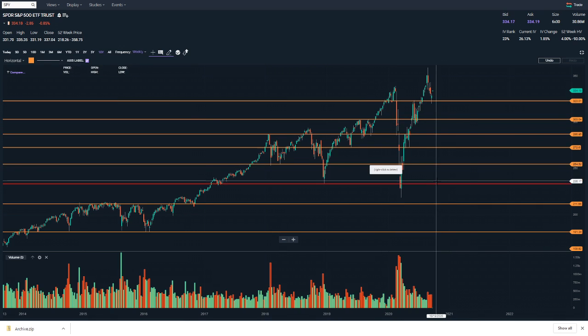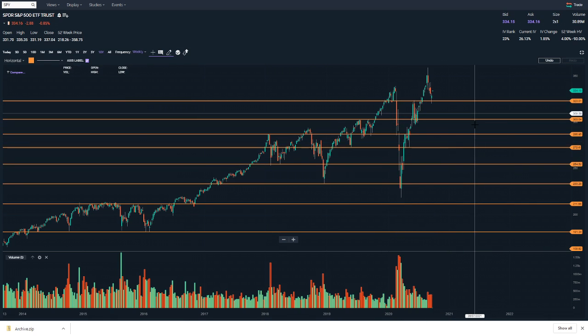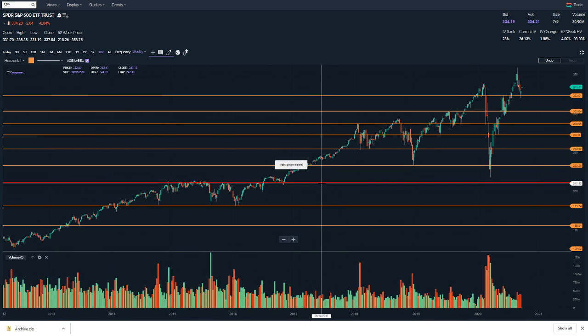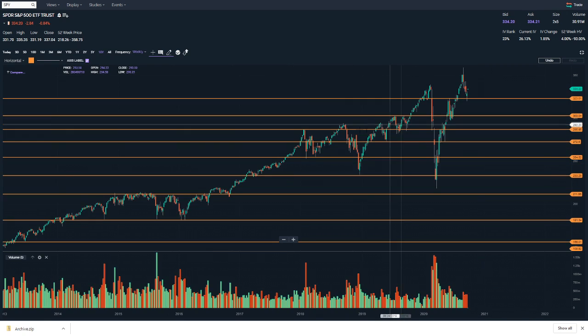So notice that these lines are roughly the same distance apart. As you see price start to run, you might see that the distance starts to slowly increase. You see the distance here kind of got smaller, but price kind of congested. So that looks okay so far.